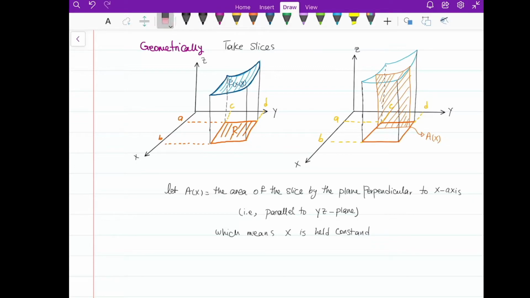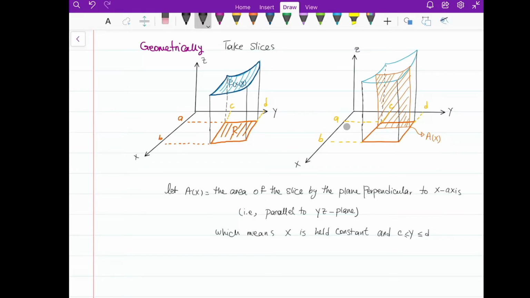So as you see on this slice, on this plane, x is constant, somewhere between a and b, and y is between c and d. Y is changing, you see, y is between c and d, but x is fixed. X is just some constant.